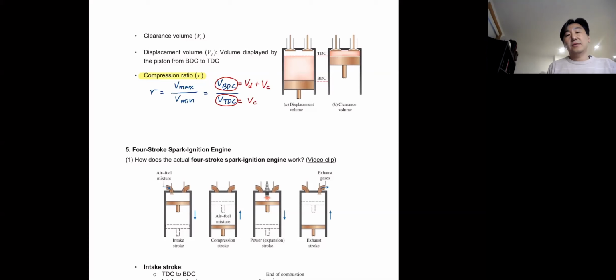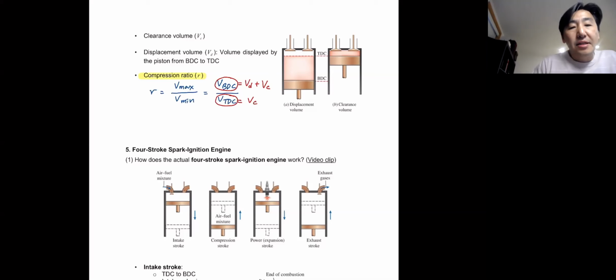So again, please remember that this compression ratio compares the maximum volume that is taken by the air inside the piston cylinder assembly in a spark ignition engine, or in general a reciprocating engine, to the minimum volume, that is the clearance volume. We are going to revisit this definition later, when we discuss the ideal Otto cycle in the next lecture. But now, please remember the definition of this compression ratio.